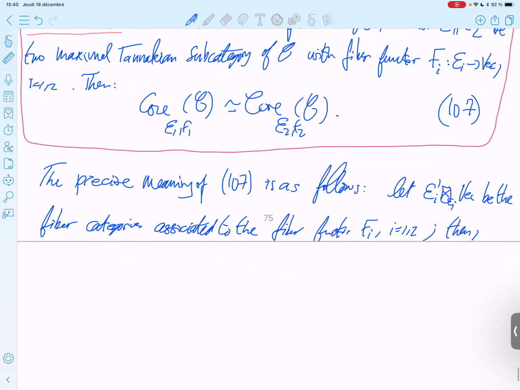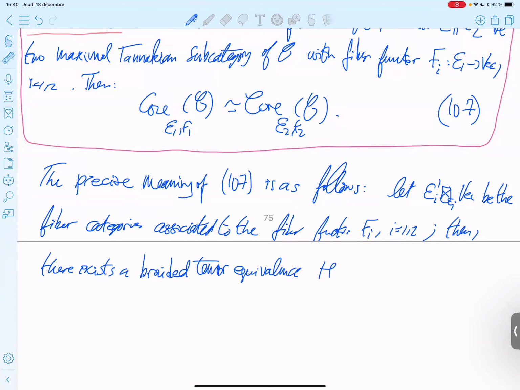What the meaning of this isomorphism is that there exists a braided tensor equivalence H from this fiber category to the other.